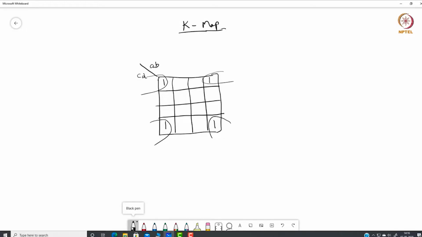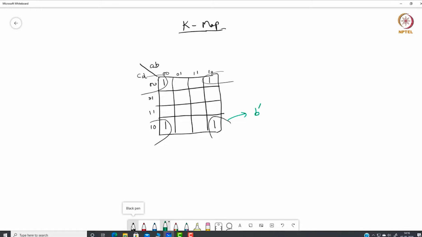Then the next question is what the expression would be. Let us say these are the 4 ones. What would be the expression corresponding to them? We will see which are the variant terms and which are the invariant terms. Here A is variant and B dash is invariant, so B dash would be here.